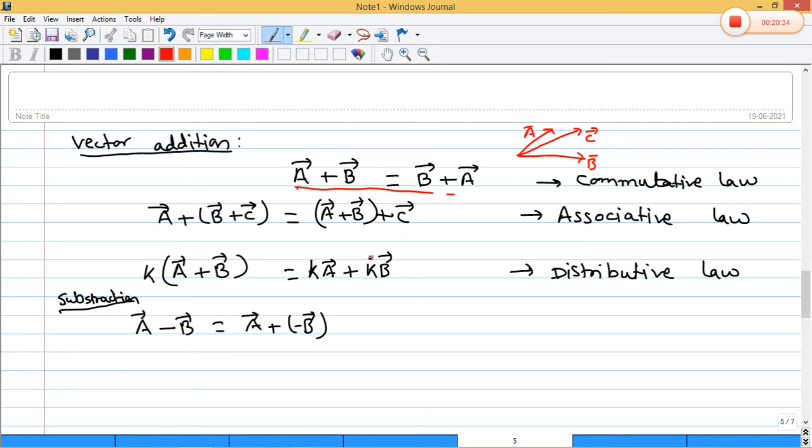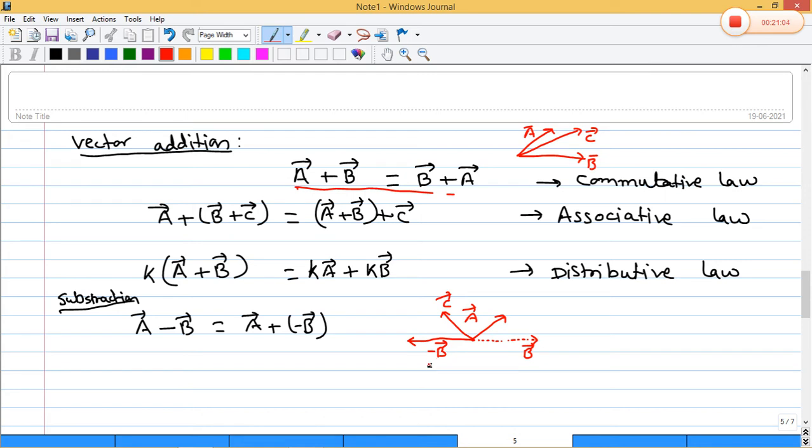But for subtraction, if A is this and B is this, then minus B is this one, and the resultant is obtained in this direction.